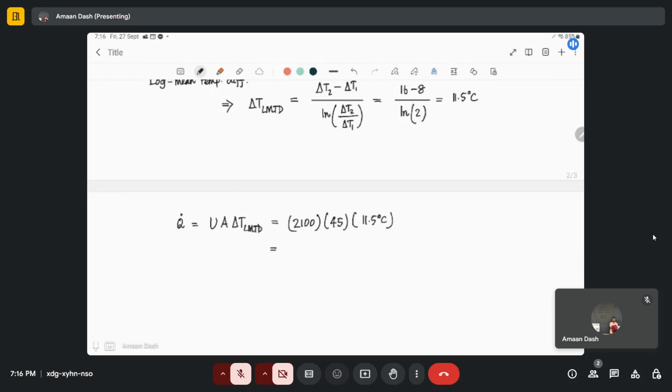So this is equal to 1.087 times 10 to the power of 6 watt, or in a better way, 1087 kilowatt. Any way you can write.